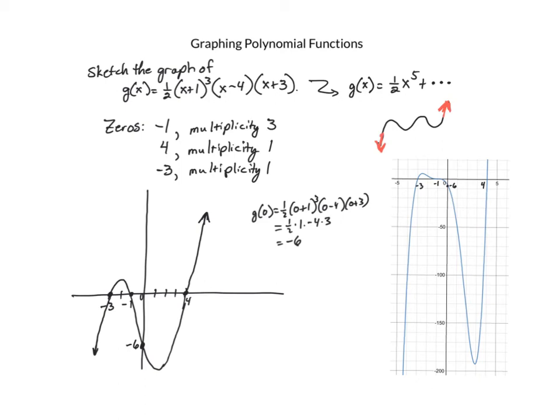So right in here, we now know it doesn't do this. We know that we should flatten it out a little bit. Comes up, and when we see that multiplicity 3, we know it flattens out there, and then it will come down and back up.